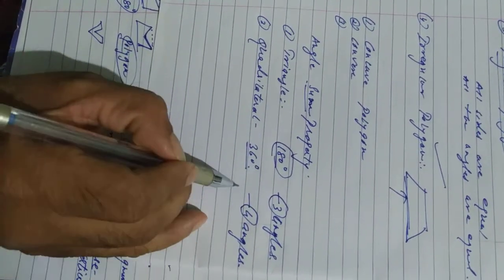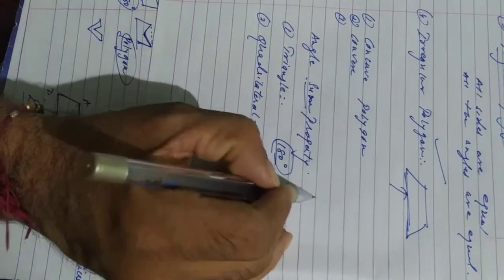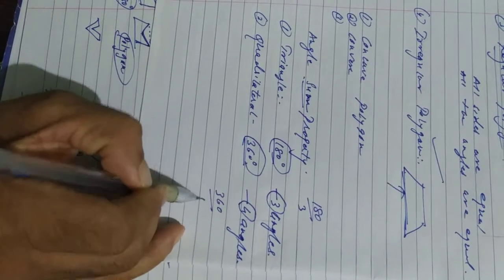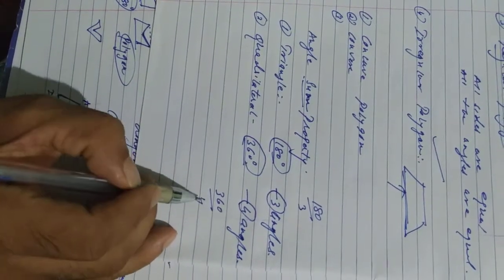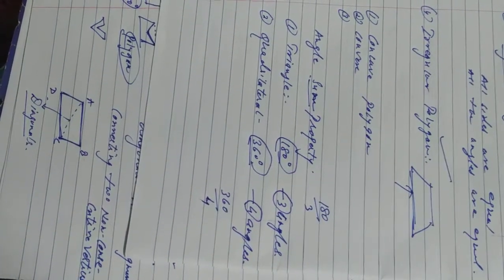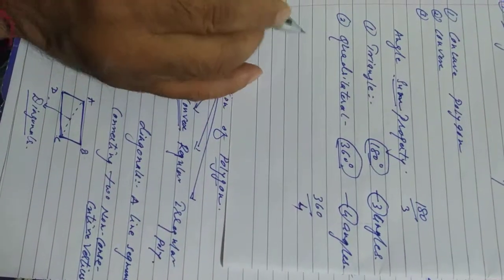Here there are 4 angles, and the sum of 4 angles is 360. So 180 divided by 3, and similarly 360 divided by 4, gives us the measurement of one angle. Understood? Sure.